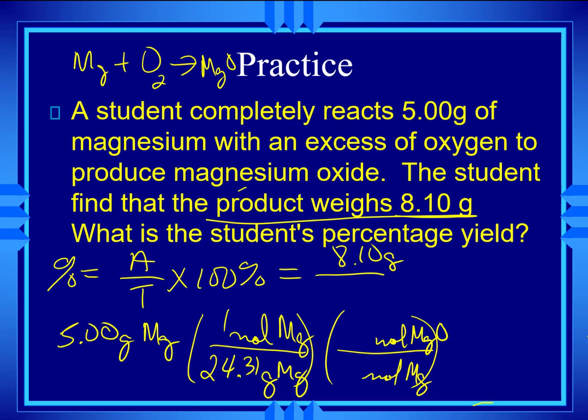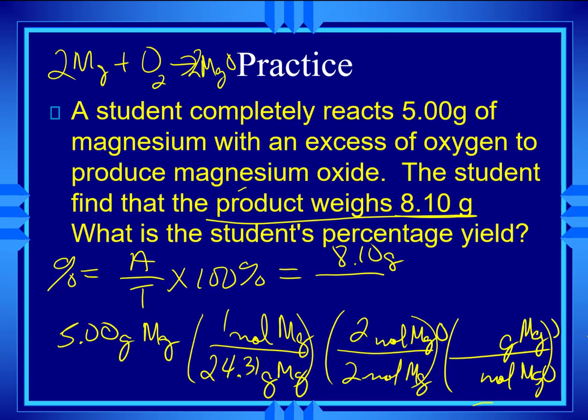And then I balance it to get my 2 O's. I got to put a 2 in front of MgO, which gives me a 2 in front of Mg. So I put a 2 and a 2 here. And then I get rid of moles of MgO, change that to grams of MgO. So 24.31 plus 16.00 is 40.31.